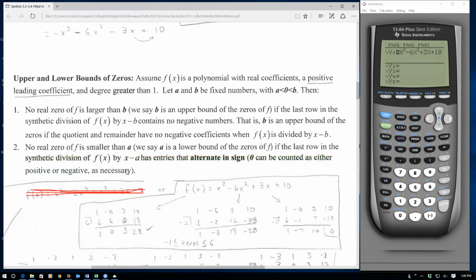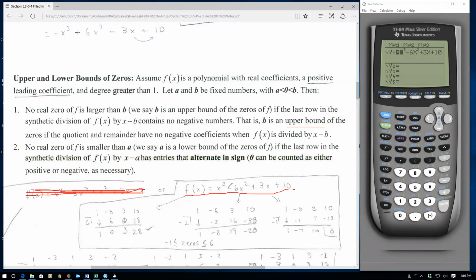Now let's try to interpret this theorem with an example, and I'm using the same example that I used for Descartes' law of signs: the polynomial x cubed minus 6x squared plus 3x plus 10. If we're looking for the upper bound, we're trying to find a certain positive number such that dividing this polynomial by it gives no alternating signs.